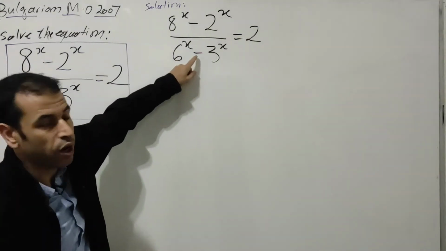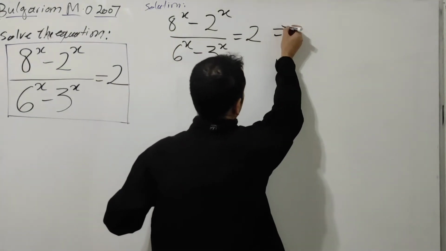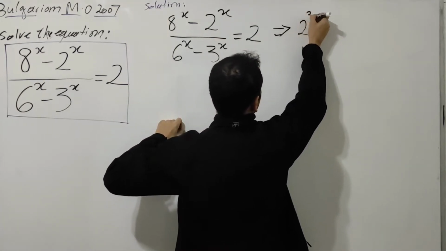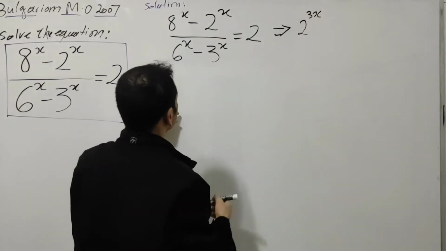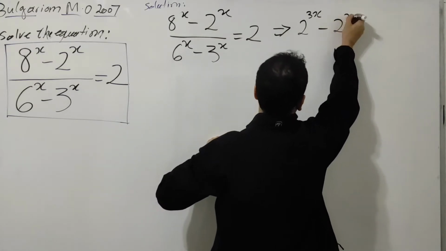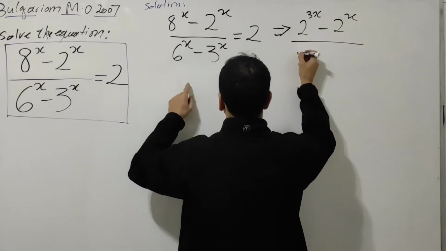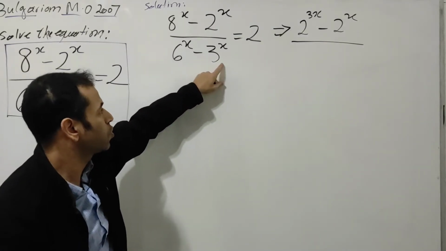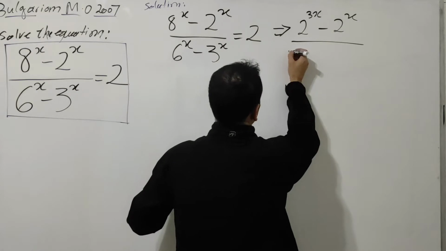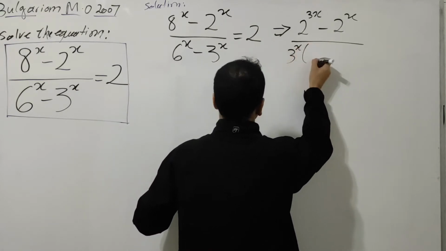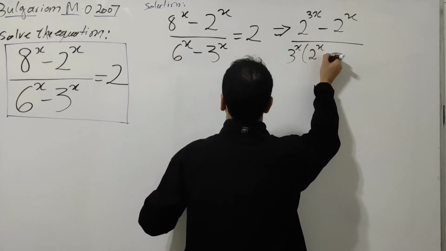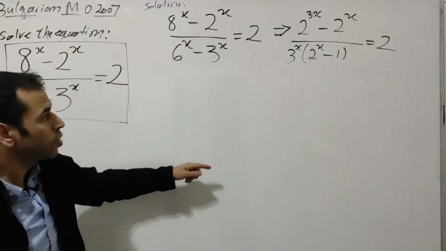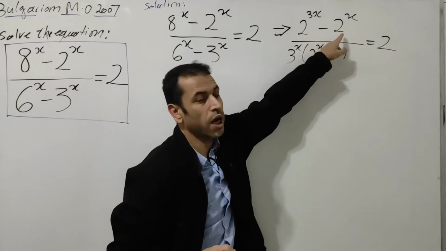Simply, I'm going to factor. 8^x is the same thing as 2^(3x), minus 2^x, divided by 6^x. In the denominator I'm going to take 3^x as a common factor. This gives 3^x multiplied by (2^x - 1) equals 2. I'm also going to take 2^x as a common factor.